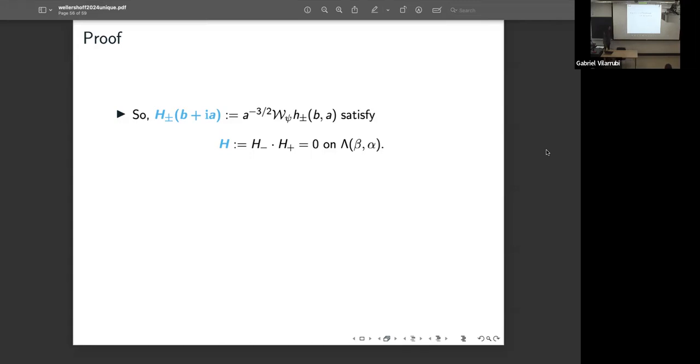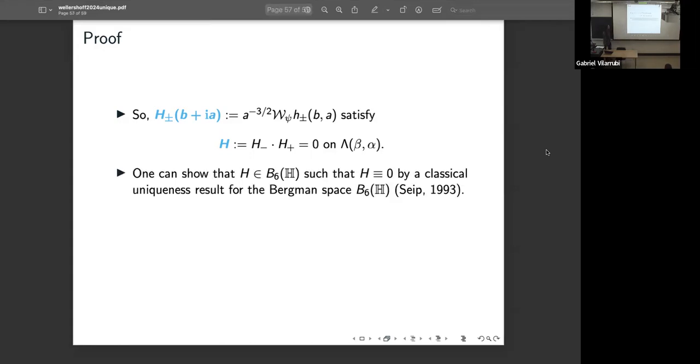Okay, so why do we do this, or why is this a good idea? Well, because while H is not necessarily in B3, like H minus and H plus would be, you can actually show quite easily that H is in B6, so it is in a Bergman space. You just have to go up with the weight a little bit. And once you have that, if you take the right lambda, so if you take a uniqueness set for the Bergman space, then you get that H must be 0 everywhere.